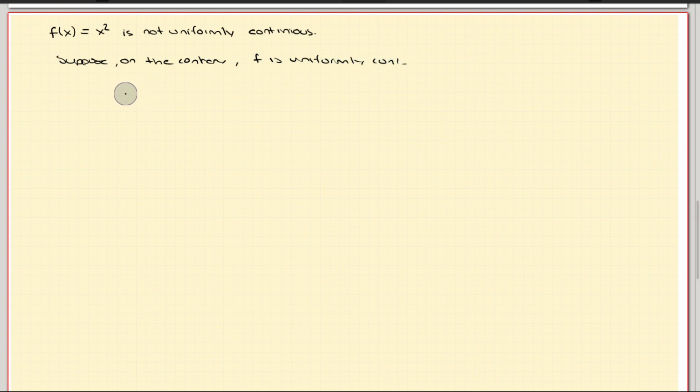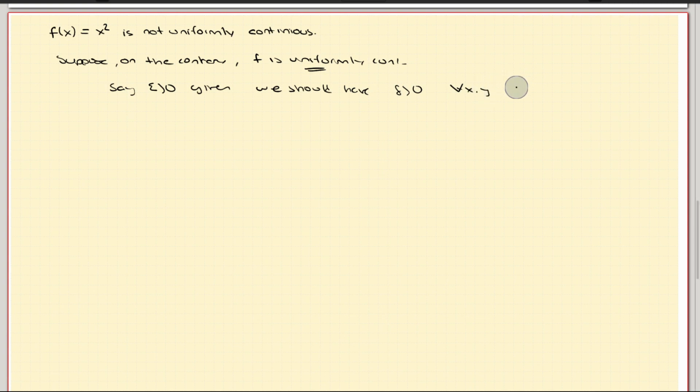Then for any epsilon positive given, if this is uniformly continuous, we should have a corresponding delta positive, and this will satisfy all the conditions, right?